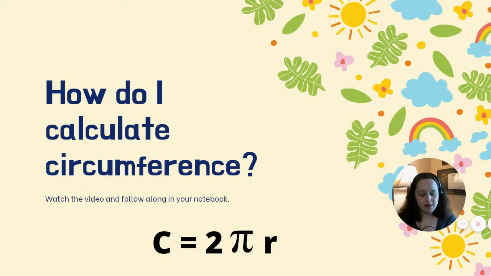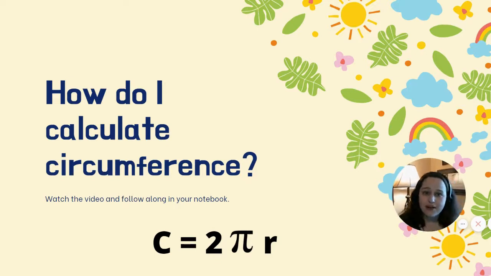Okay, how do I calculate circumference? So remember that to find pi, we took the circumference and divided by the diameter. So the formula for circumference is actually circumference equals 2 times pi times the radius. If you're thinking, you said diameter, Mrs. Nichols, I'll say, yeah, I did. But remember that the diameter is 2 times the radius.